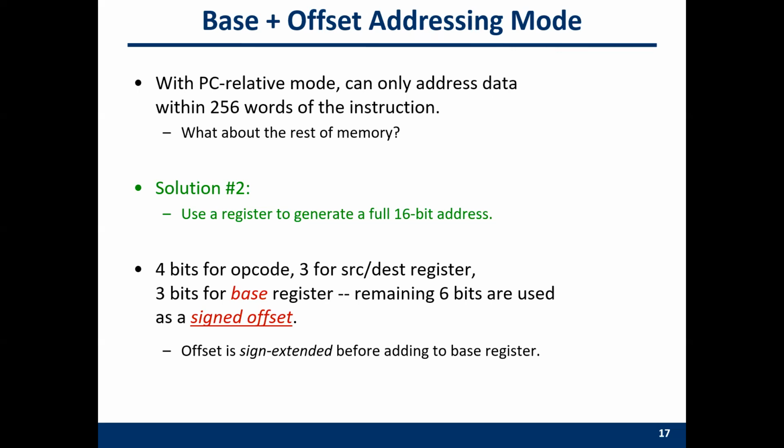And the remaining 6 bits are the offset. So instead of a 9 bit signed offset, here we only have 6 bits, and we use 3 bits to index the base register.